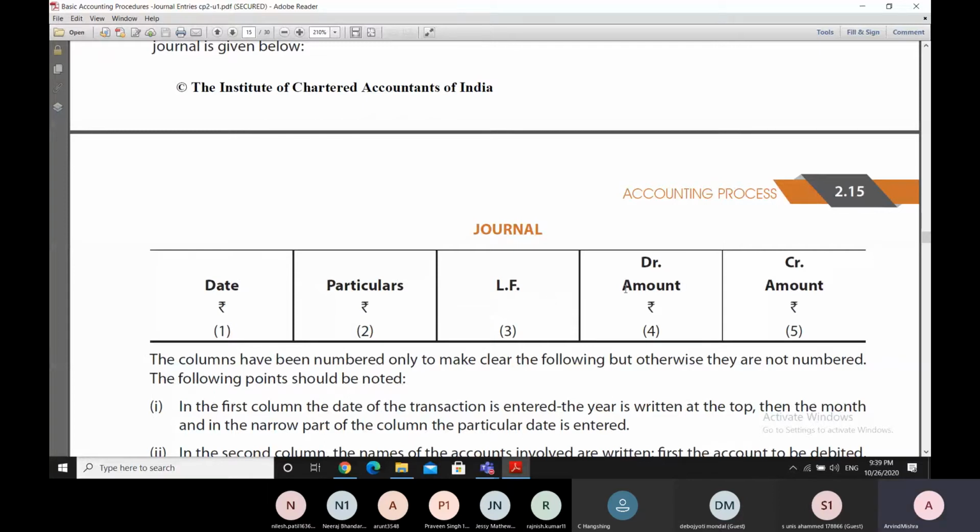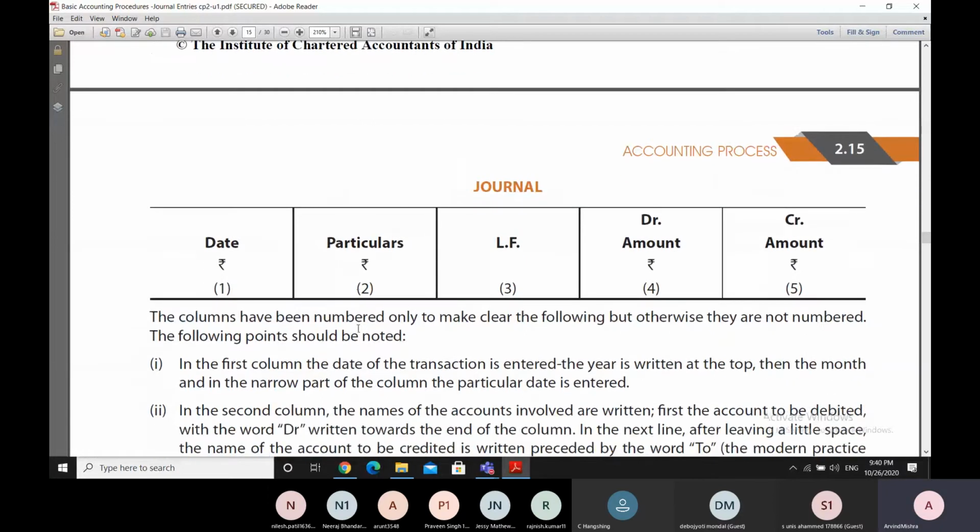And then we indicate how much amount is debited or how much amount is credited. So in this way, journal entries can be made like this.